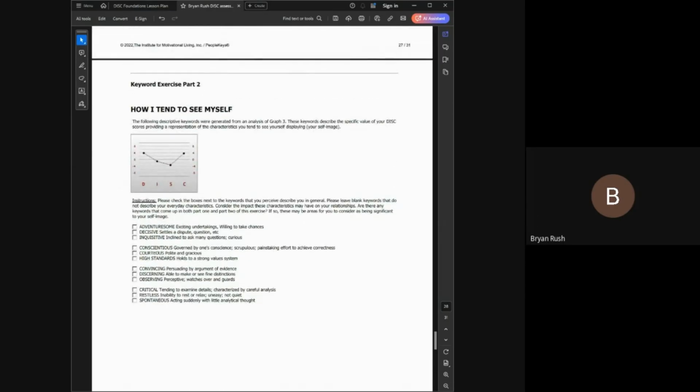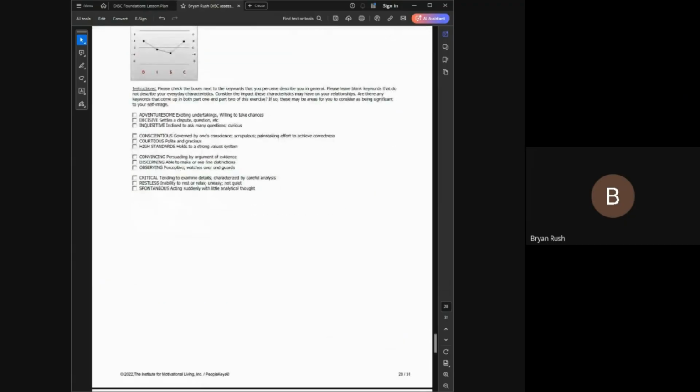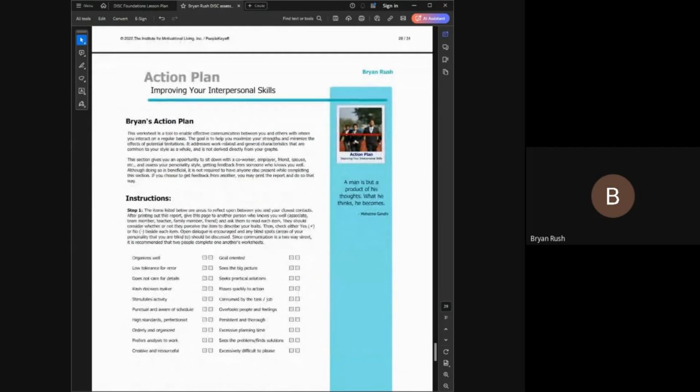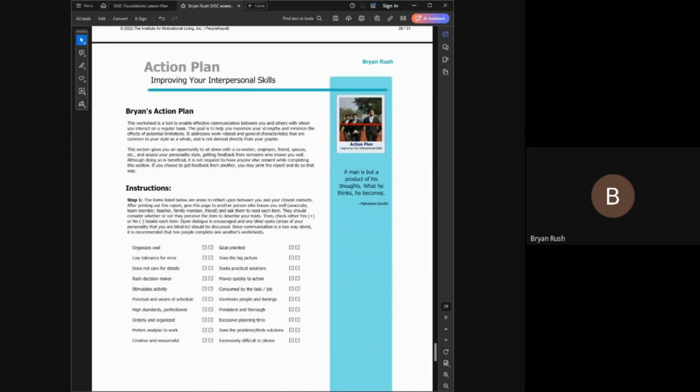You fill this out: how I tend to see myself in certain situations in general, right? And then we go to the action plan here. So in the action plan, what do we think we show up well as?